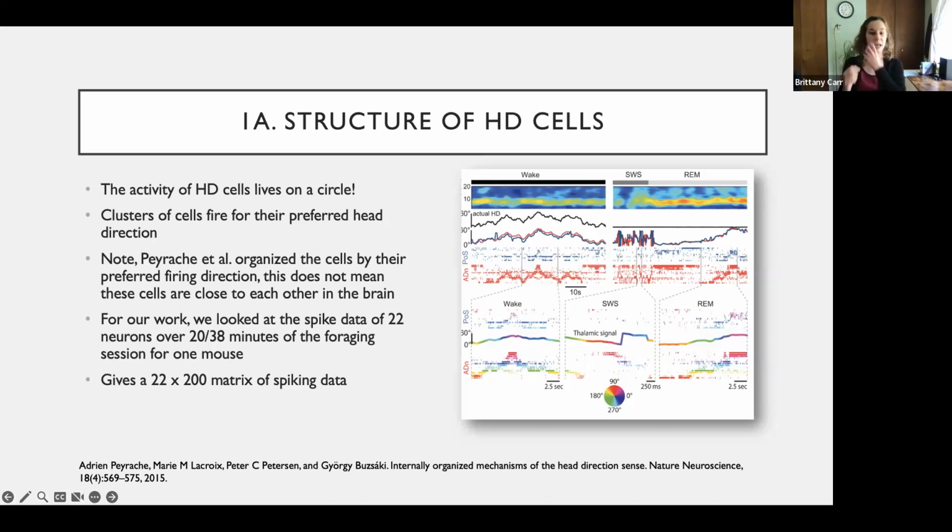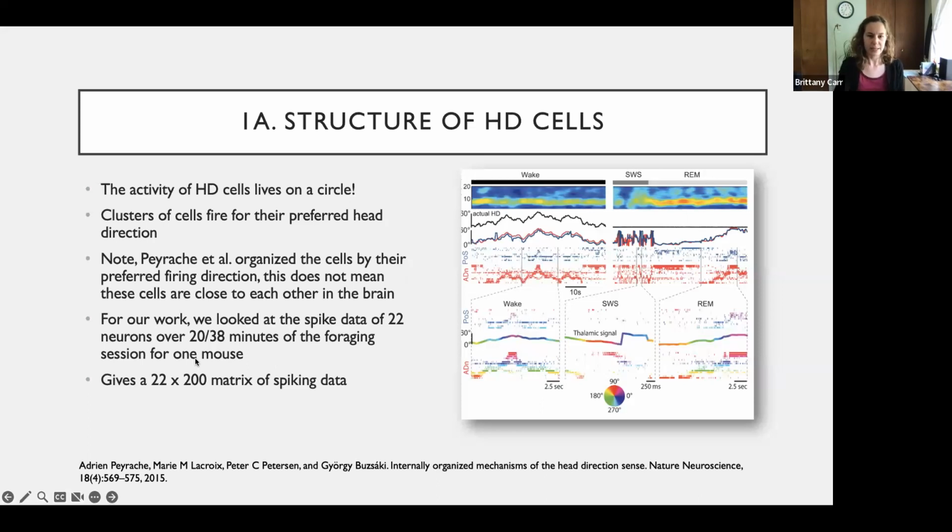It's saying, okay, I have this 22 by 200 dimensional matrix, 22 rows and 200 columns. I want this to be a 22 by 6 matrix instead. So it's going to do that same process using a lot of linear algebra, and these are packages that I used in Python.